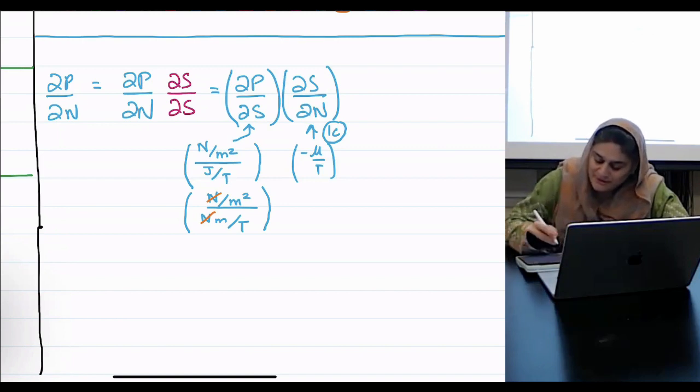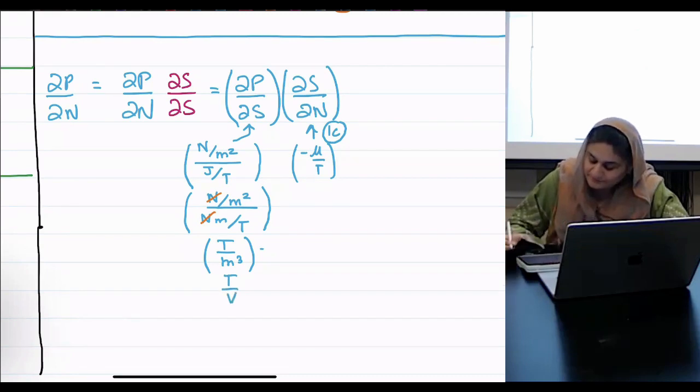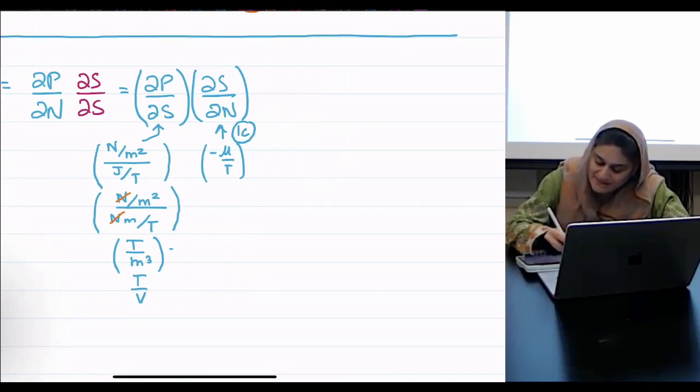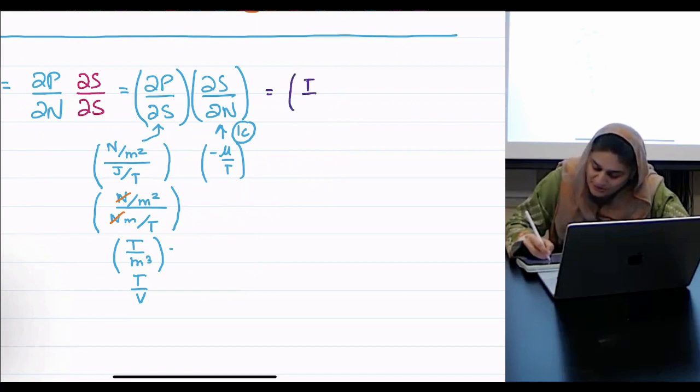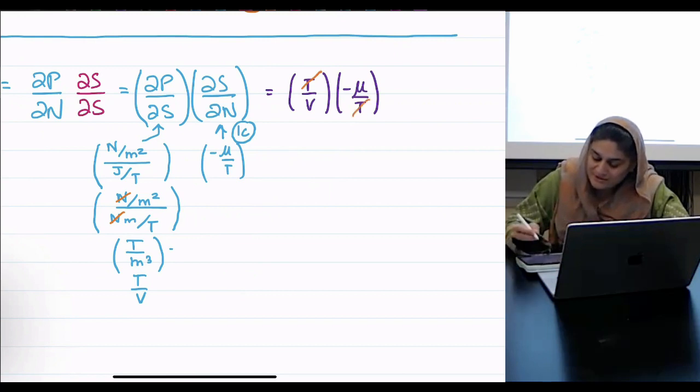T can be rearranged to be brought to the top, divided by m cubed. And what is m cubed? It is nothing other than V. So what I will get, in fact, is T over V and minus mu over T. So the T's cancel out, and I am left with minus mu over V.